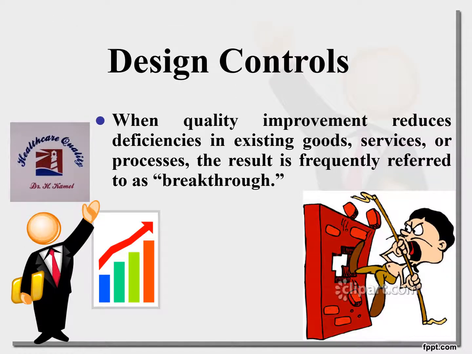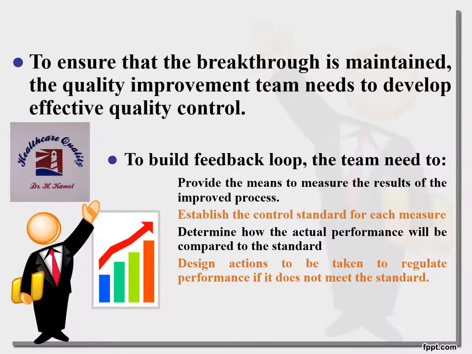Design controls. When quality improvement reduces deficiencies in existing goods, services, or processes, the result is frequently referred to as breakthrough. To ensure that the breakthrough is maintained, the quality improvement team needs to develop effective quality control.